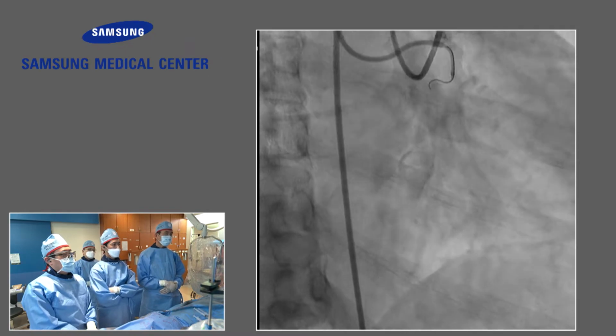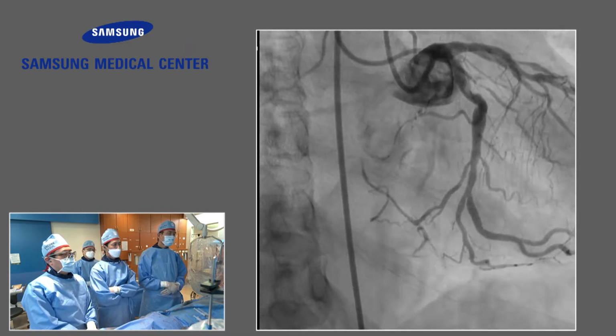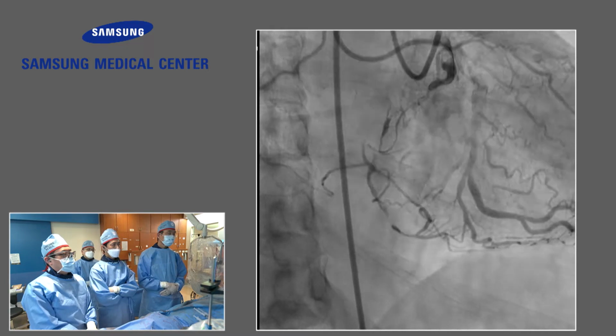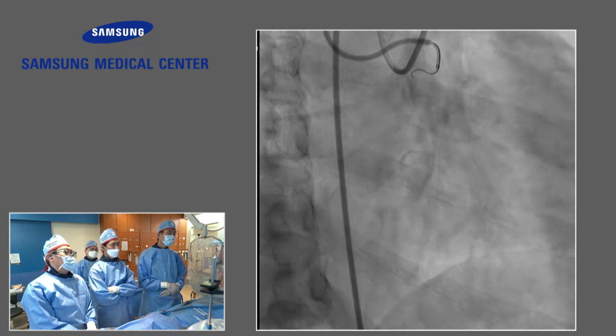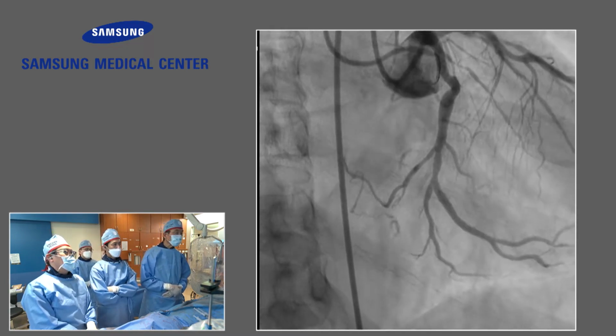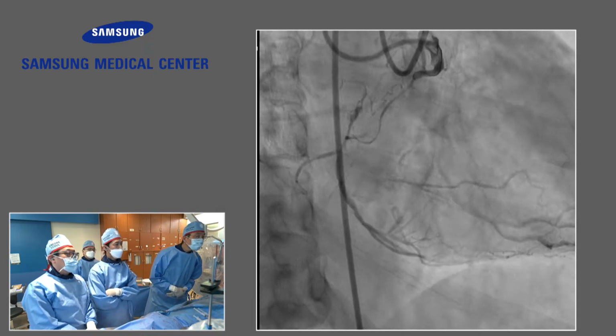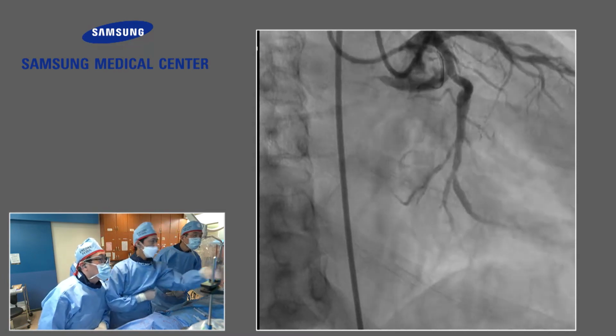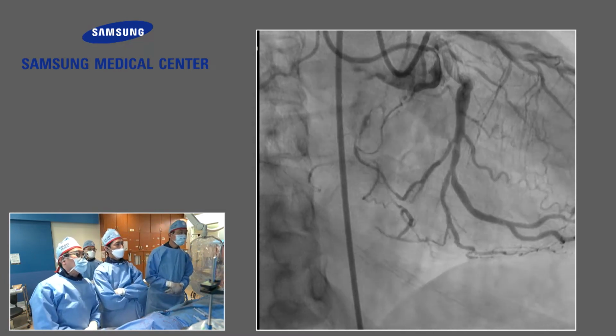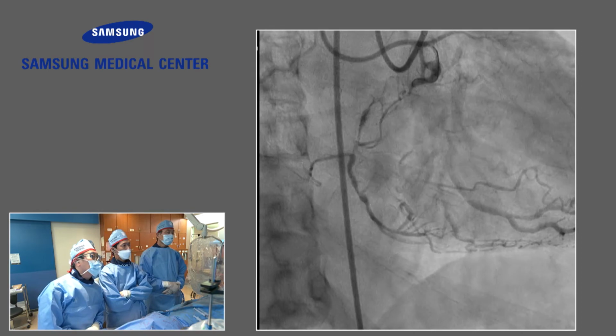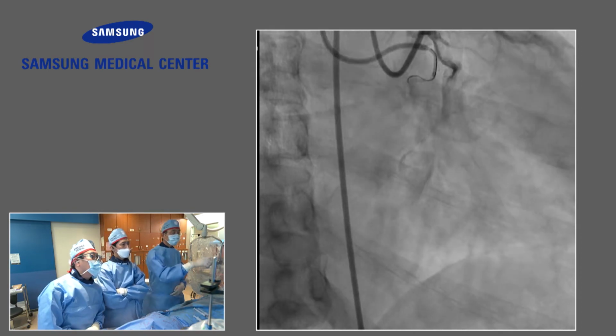But in this image, the antegrade microcatheter is already in the side branch, right? Oh no, Godzilla here. I think there is some marker of the microcatheter. There is no microcatheter at this time.